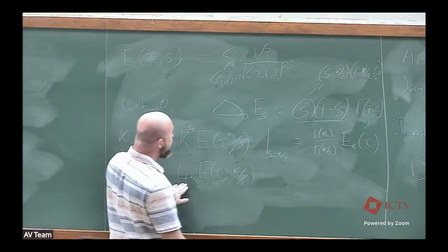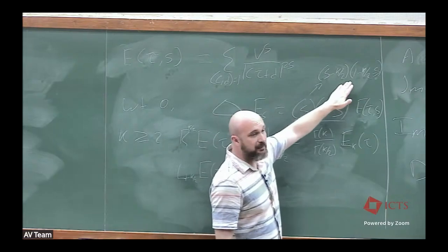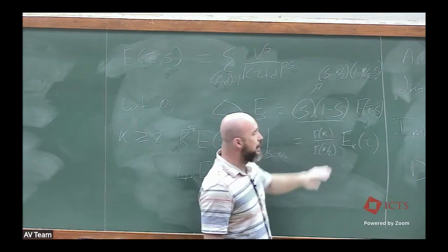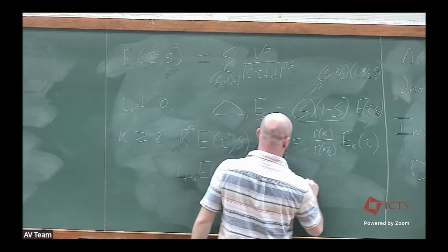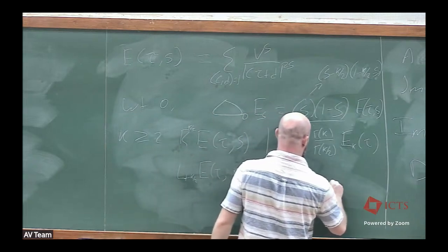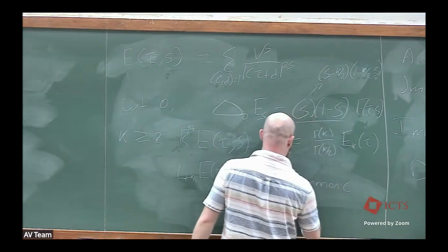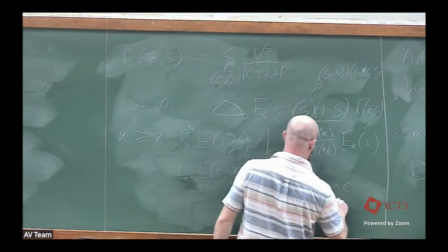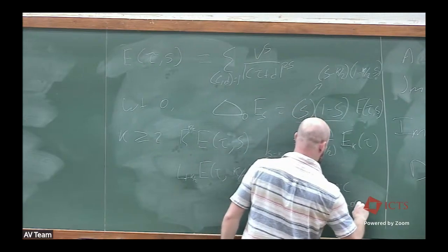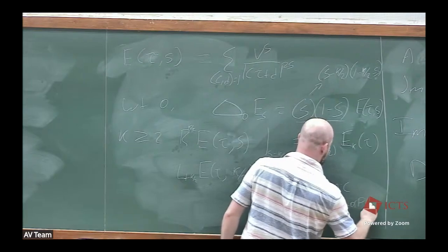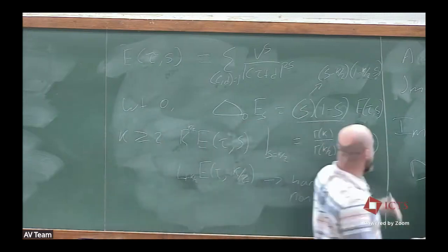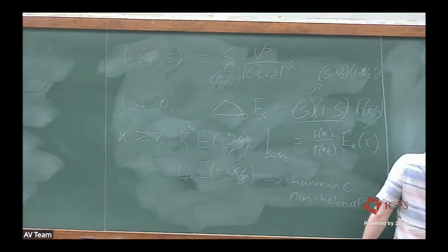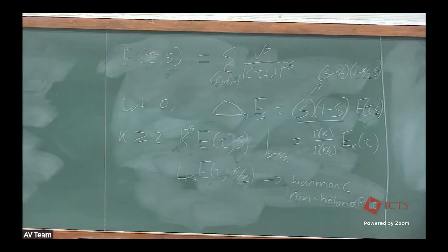Okay. Now this is going to get us something that is harmonic, but it will not be holomorphic. And this is the piece in my diagram yesterday that's kind of right in the middle. It doesn't really fit into, well, it's not an h of 2 minus k.